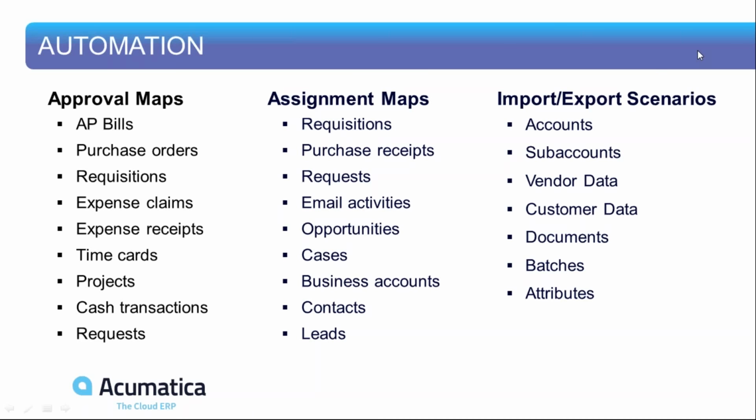Any screen that we see in the software, I have an ability to import or export from. So if you, for whatever reason, have a really specific estimating system and you want to bring data in from your estimating system, it's as easy as just developing a quick import scenario to the estimate screen, and then we can process that data. And so we don't have to do any custom programming to do that.